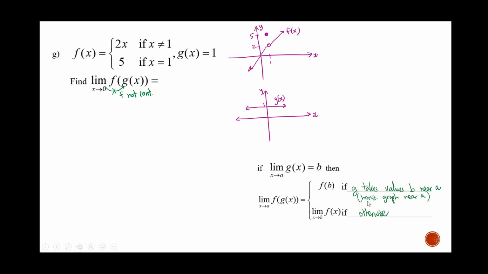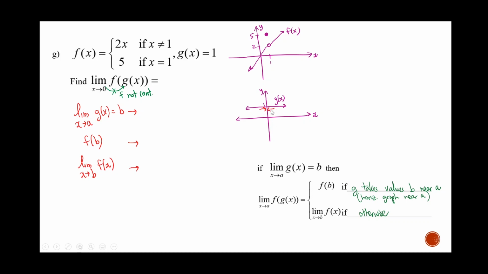If there is any horizontal piece there, and here it's purely a horizontal graph, so obviously that's the case in this situation. So let's look in detail at what happens when we evaluate these three things. First of all, we want to know what the inner function is approaching as x approaches 0.